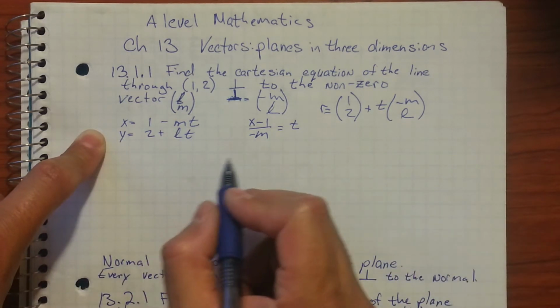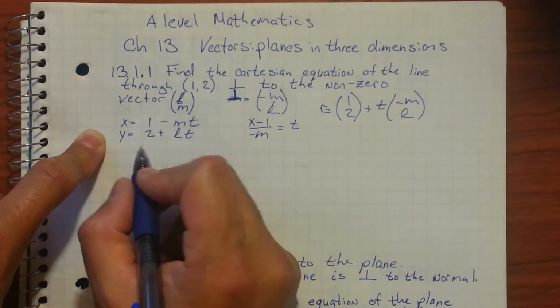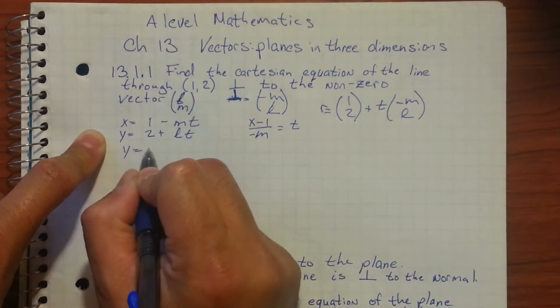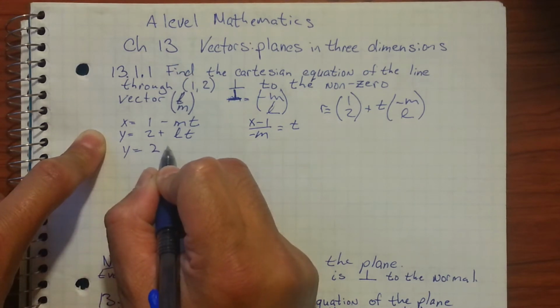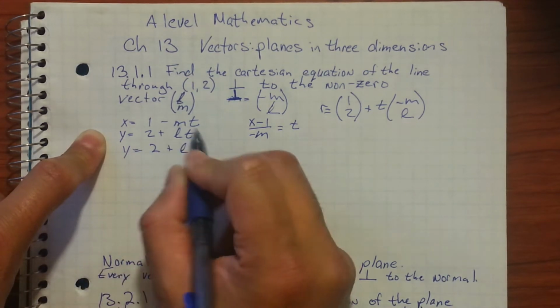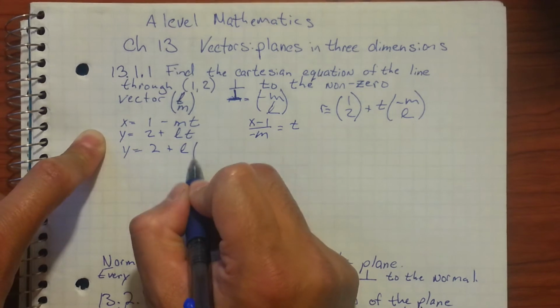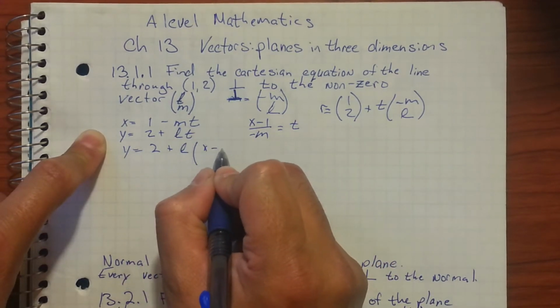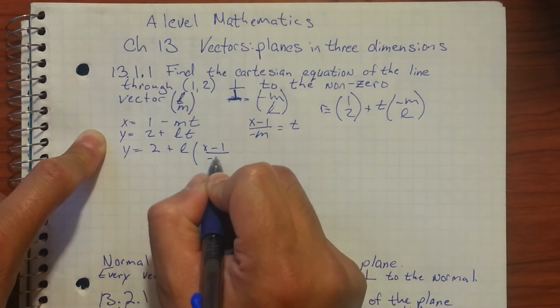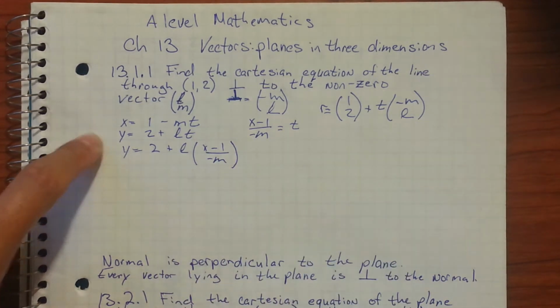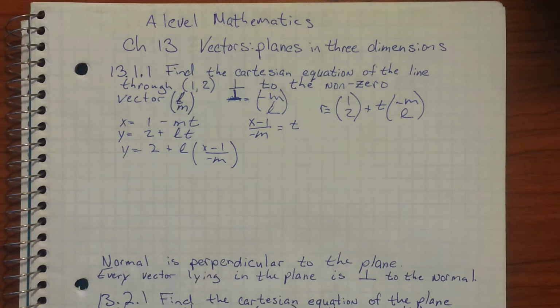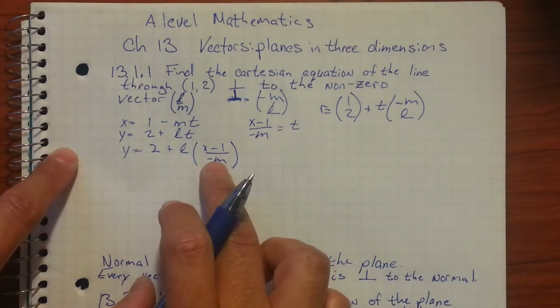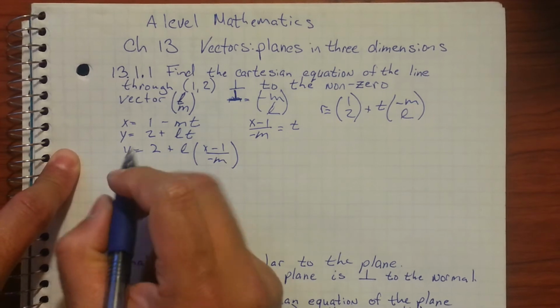So let's take a look. I'm going to have y equals 2 plus l, and this is where I'm plugging in t for this right here, x minus 1 over negative m. Now if I multiply everything by m, that'll get rid of my fraction.